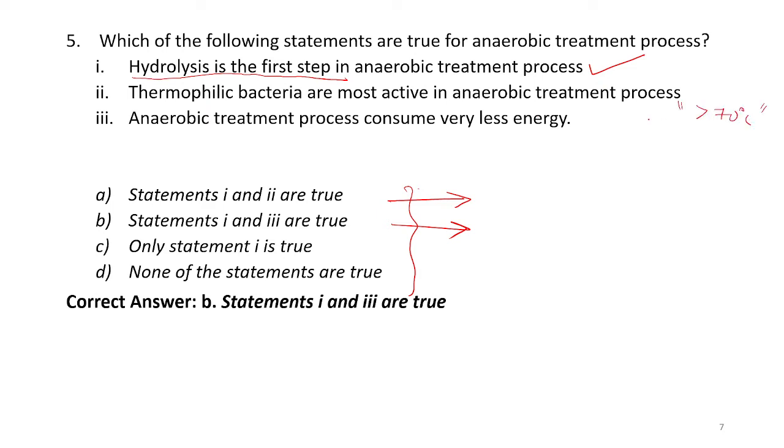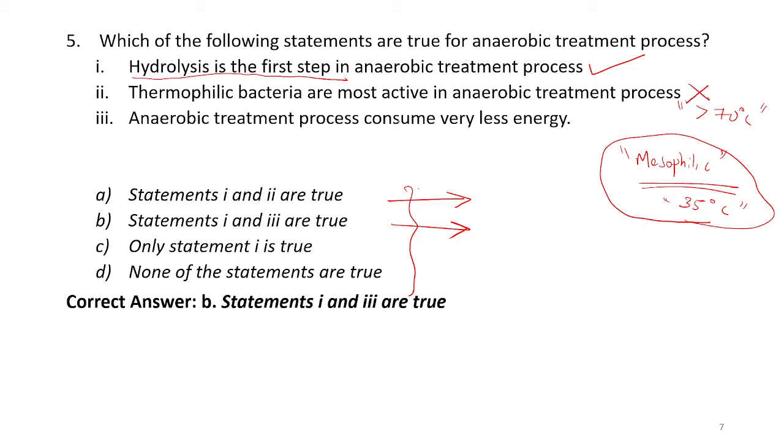Usually in the anaerobic treatment process, the mesophilic bacteria are the most active bacteria. They exist in the range of around 35 degrees Celsius. So it is not thermophilic bacteria, but mesophilic bacteria which are most active in the anaerobic treatment process. So statement 2 is incorrect.